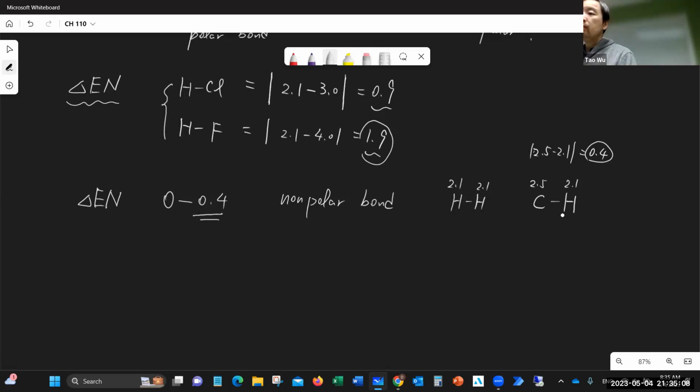And if you have 0.4 to 2, then this gives you a polar bond, just like H and F. HCl is also a polar bond.